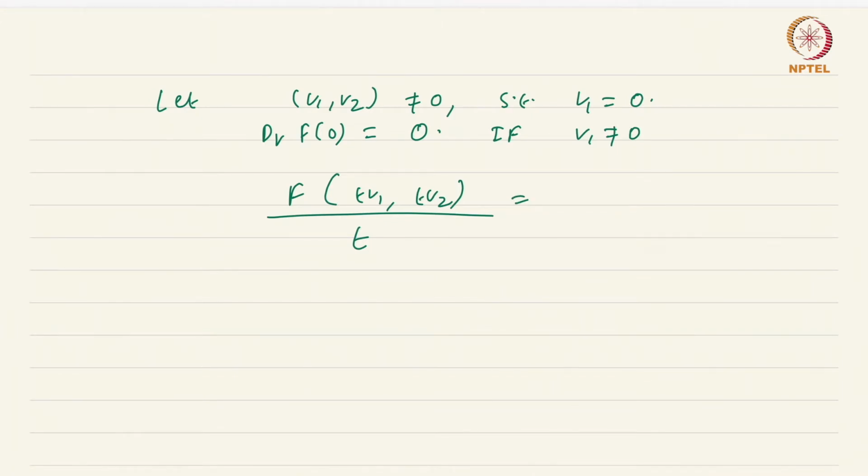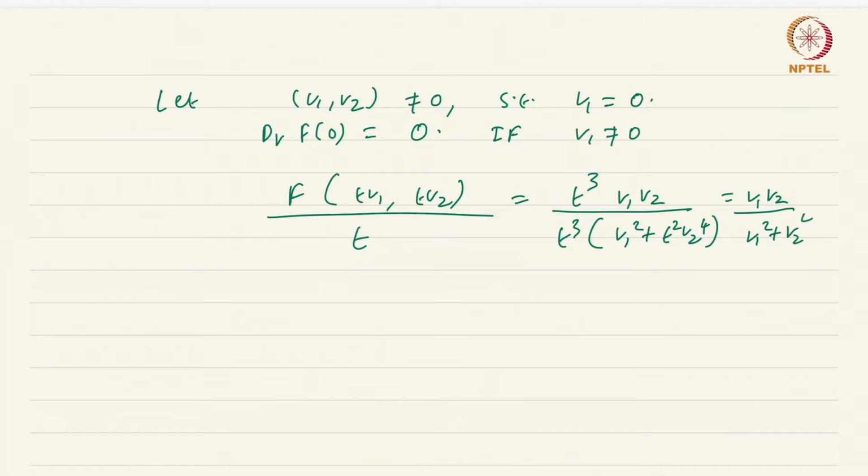When you substitute, you will get t cubed v1 v2 divided by t cubed into (v1 squared plus t squared v2 to the power 4), which is nothing but v1 v2 divided by (v1 squared plus v2 to the power 4). This computation is valid whenever v1 is not 0. In fact, it's valid throughout, but the interesting case is when v1 is not equal to 0.